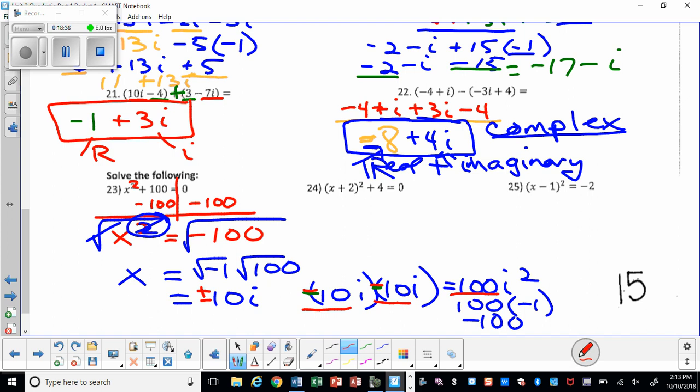All right, and that's if you are solving a quadratic. If you're solving a quadratic, you're going to have two solutions, and this would be two imaginary.